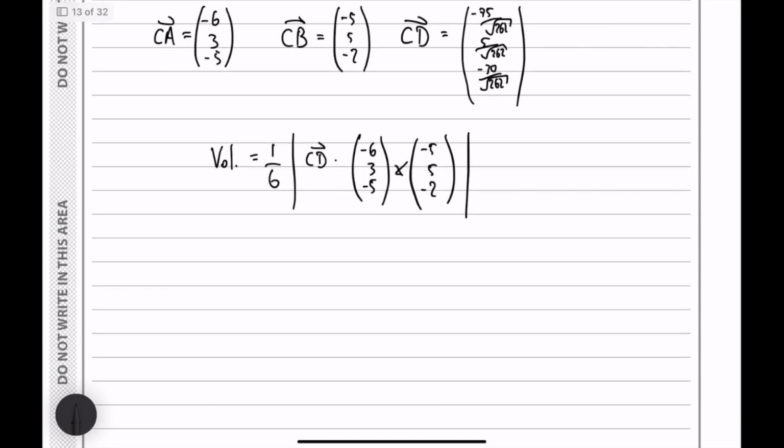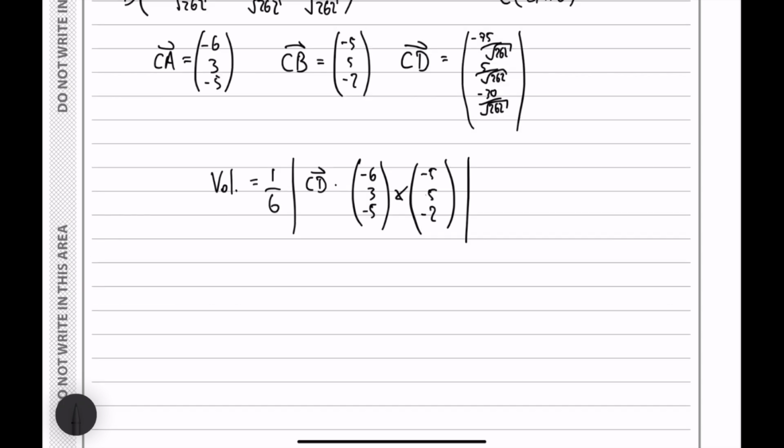So if we do this, we get for the top element minus 6, minus minus 25, that's 19. Middle element is 25 minus 12, that's 13. And minus 30 minus minus 15 is minus 15.